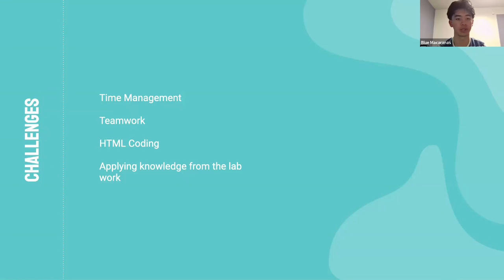And HTML coding is mostly trying to figure out, it's a new coding language for some of us, and we had to think of how we can apply it to make a great user interface that will be simple enough to show accessibility. And our learning is applying the knowledge from the lab work into this project: the different sensors that we can use, the function of the Raspberry Pi Pico, and coding is how we put our learning into this project.